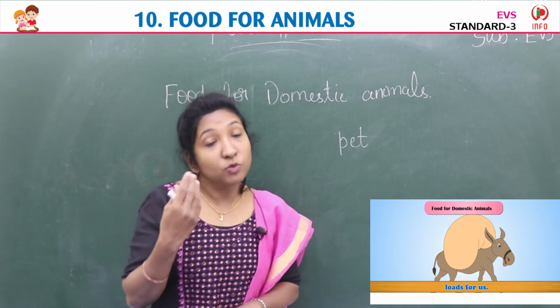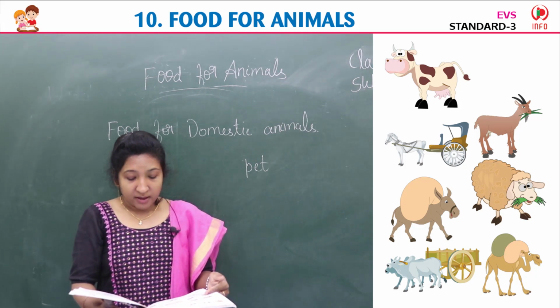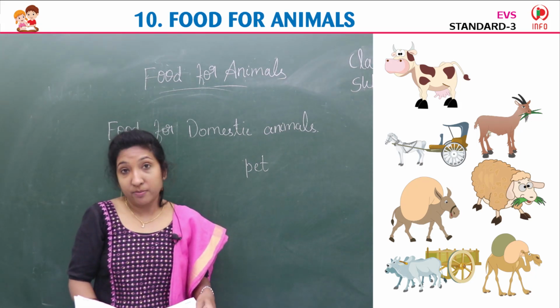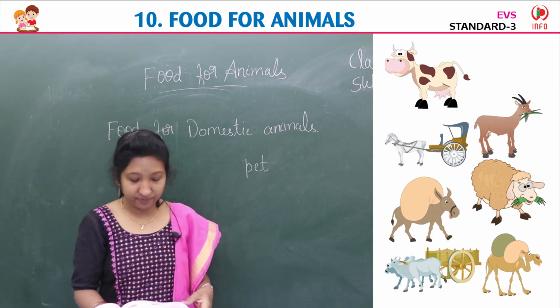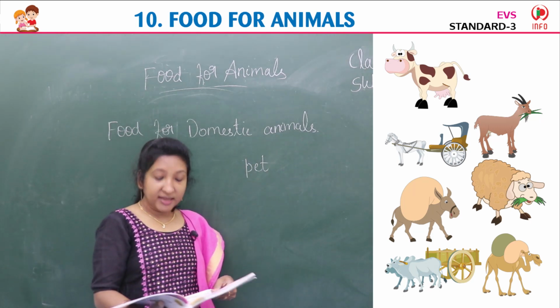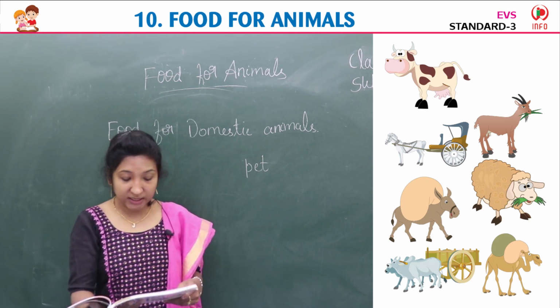So they are useful to us also, isn't it? And some animals we keep in farms. They are called farm animals, or we say domestic animals. Those animals that are kept in farm are called domestic animals.